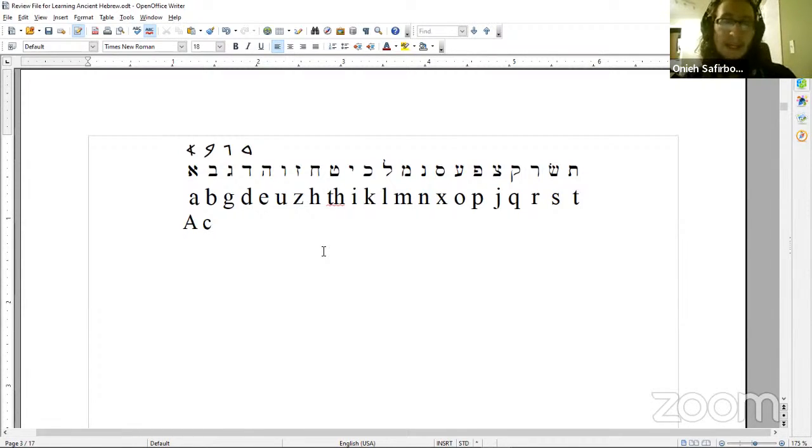And then C looks just like the G in Hebrew. It's just C is curved, whereas G is straight lines instead in Hebrew. And then D, it looks identical to the Paleo-Hebrew, except once again, the English letter is curved, whereas the Paleo-Hebrew letter is straight lines, kind of like a triangle instead.